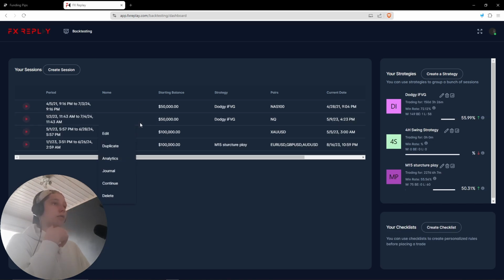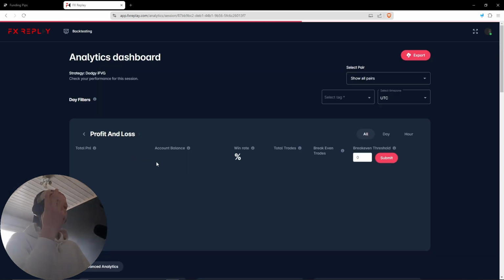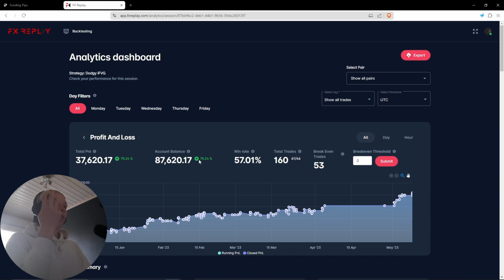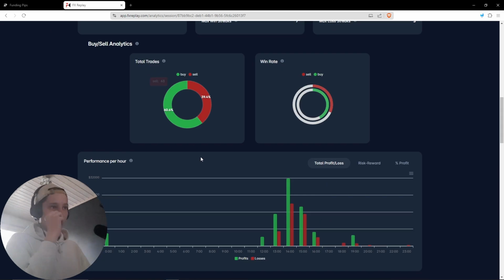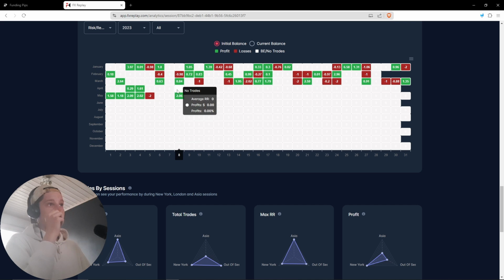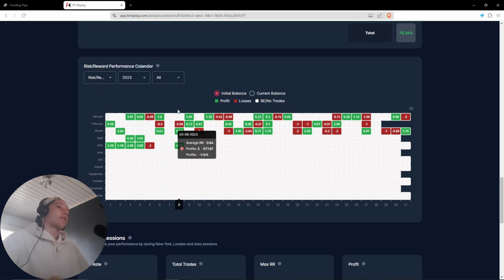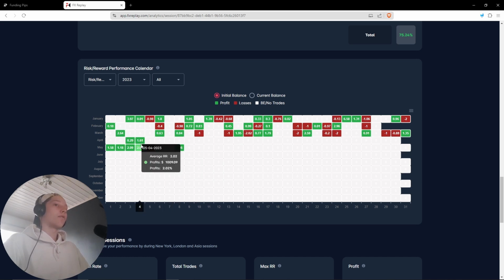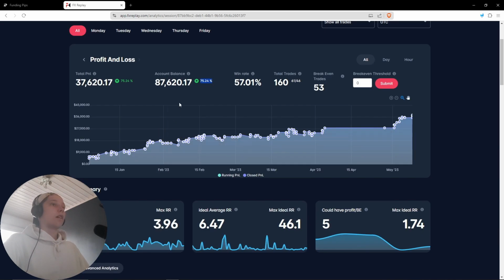in live accounts, because if you look at this, we are 75% up. Backtesting, I basically skipped that 1 month, so we have only backtested 4 months, and I don't know if this is realistic.